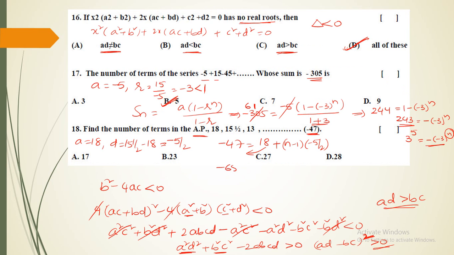So minus 65 is equal to minus 5 by 2 into n minus 1. Minus 5 in minus 65 cancels 13 times. So 2 13s are 26 is equal to n minus 1. So from this n is equal to 27. So the total number of terms is 27.